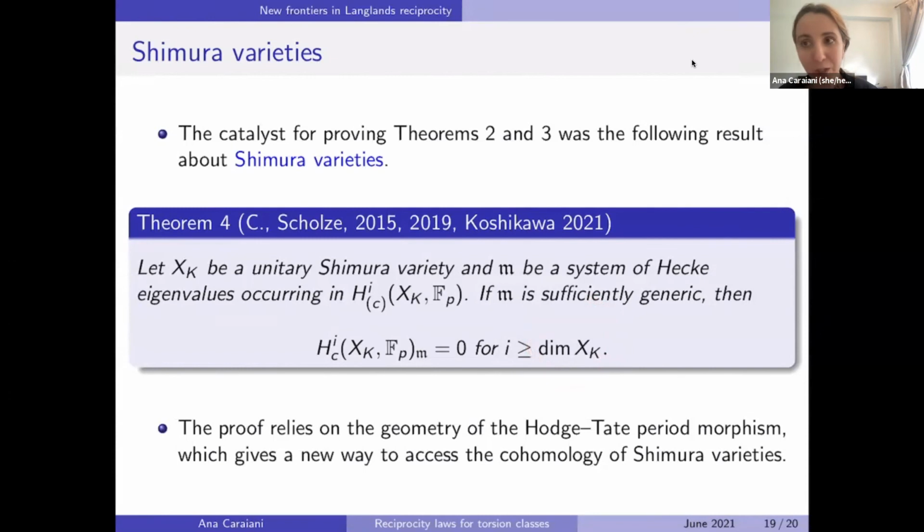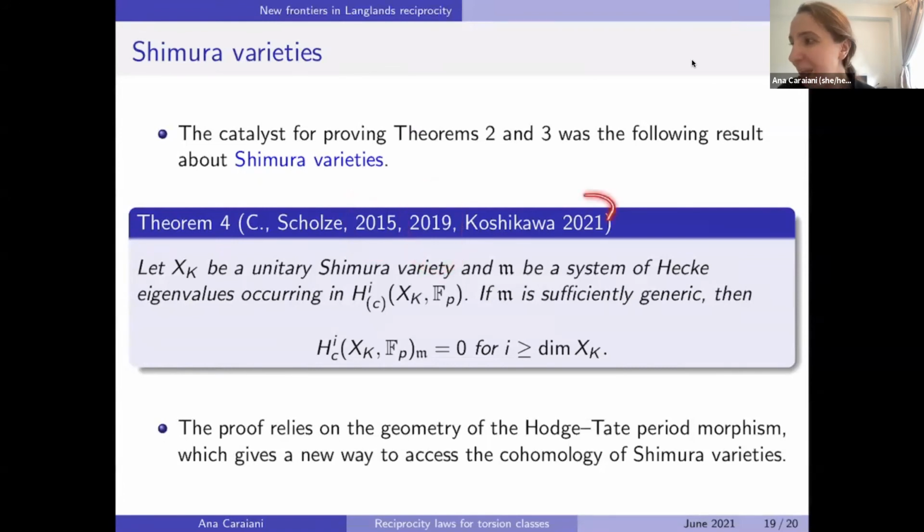And then by Poincaré duality, you also get that the usual cohomology, when you localize at such a sufficiently generic system of Hecke eigenvalues, is concentrated only in the middle degree and above, and is equal to 0 below the middle degree. So first we established this for compact Shimura varieties and then for non-compact Shimura varieties.